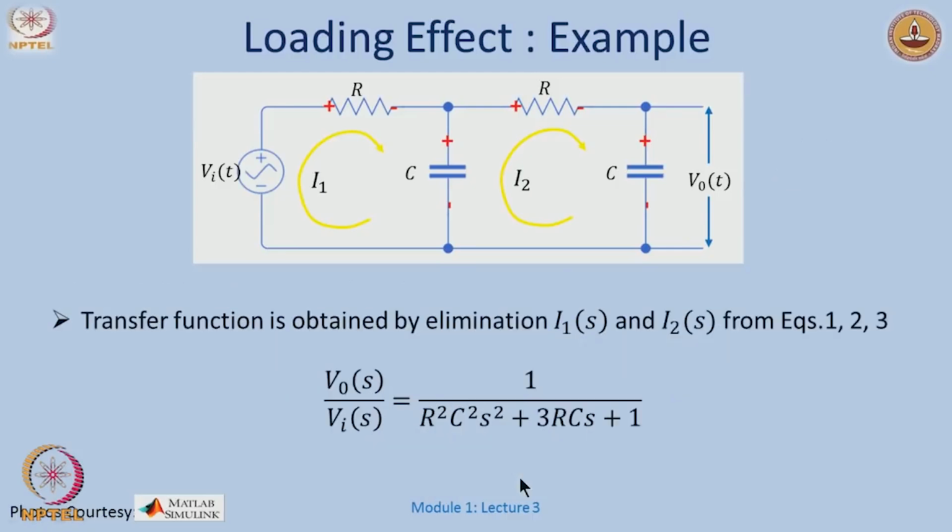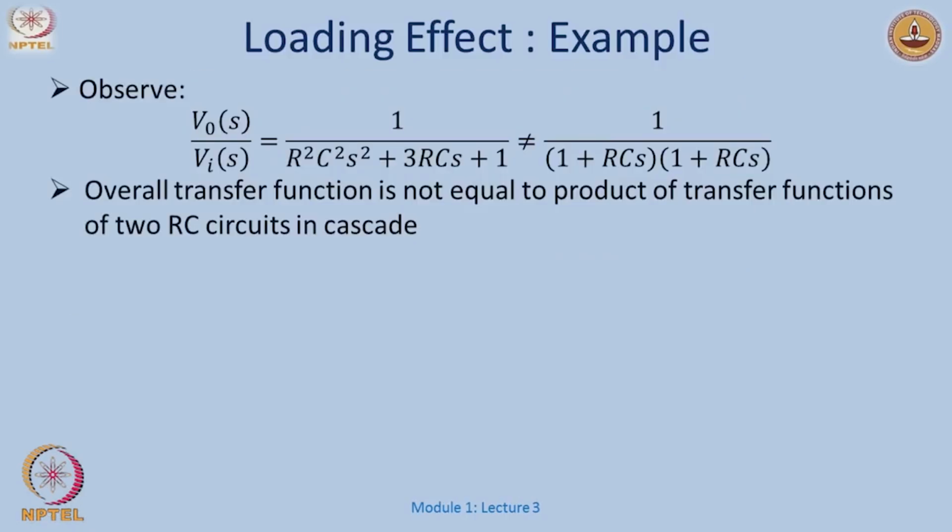Now, I do all the math, and the transfer function obtained by eliminating I 1 and I 2 would be simply like this. And this is not equal to the product of the individual transfer functions. The overall transfer function of this system is not equal to the product of the transfer functions of the 2 individual RC circuits, even though they seem as if in cascade.